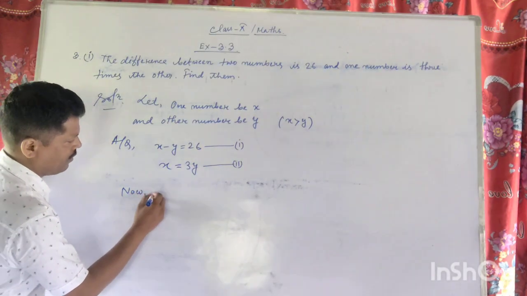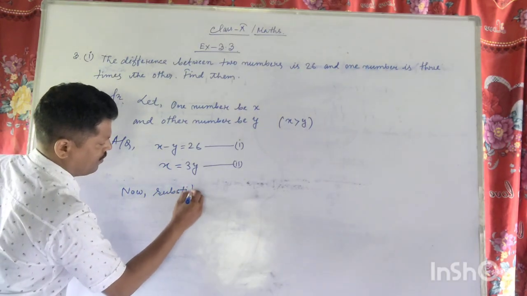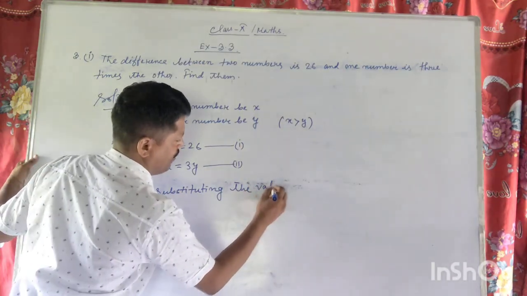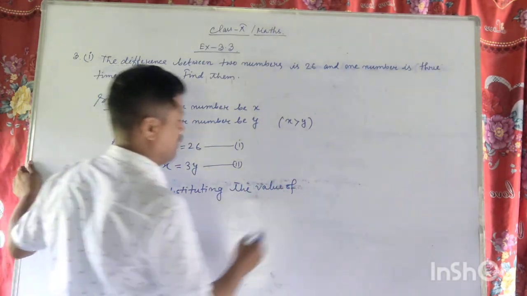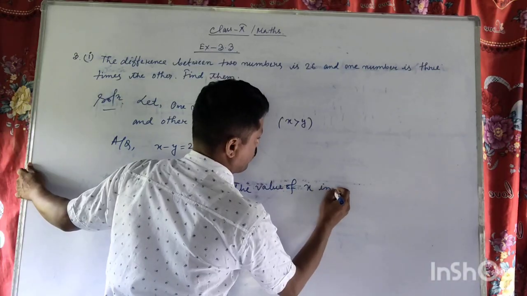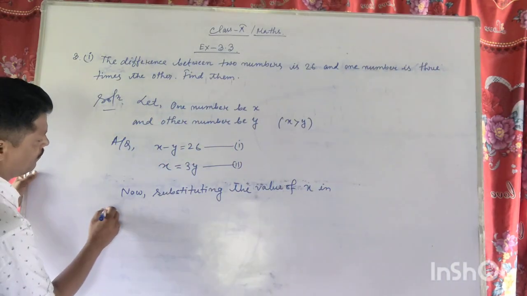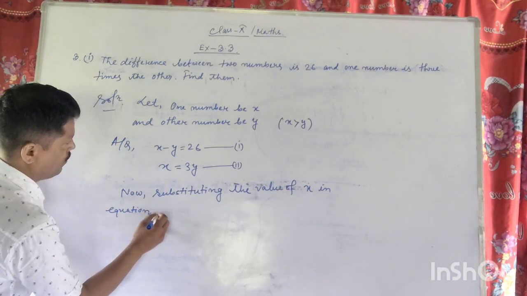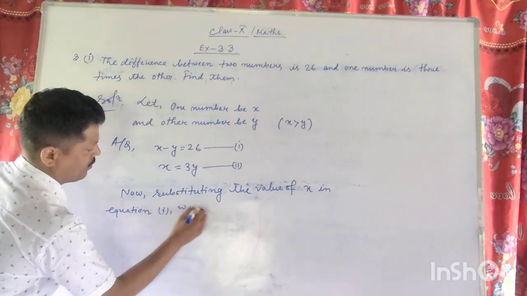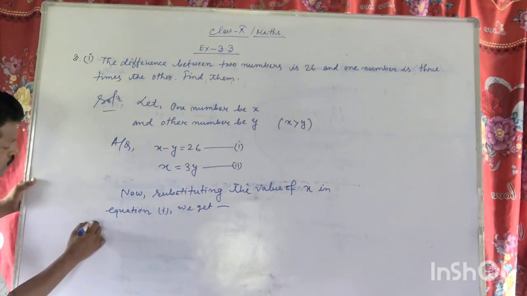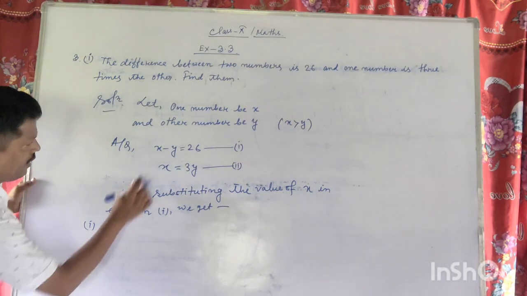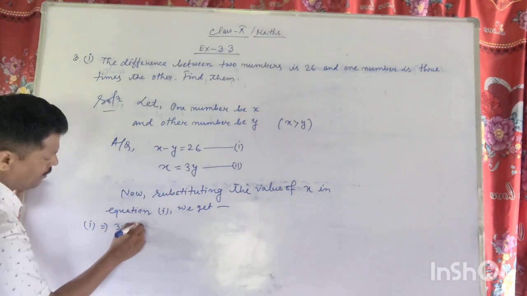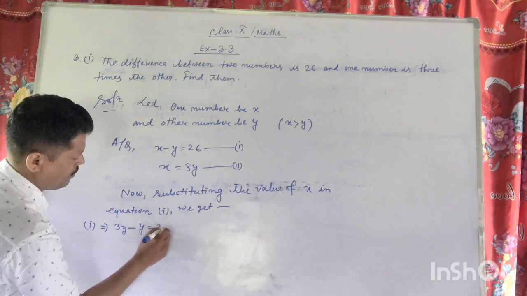Now substituting the value of x in equation 1, we get, from 1, x value is 3y, just we have to put here 3y minus y is equal to 26.